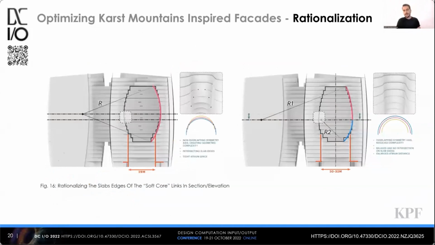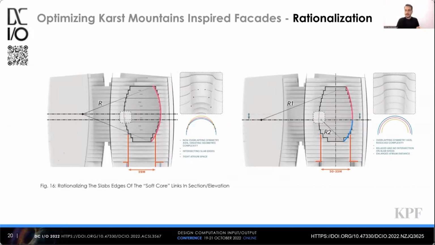Another problem that we realized was that the symmetry axes on section for wall type 1 and 2 were not merging, and it was creating a problem on the slab edges. The slab edges were not relaxed enough, and they were overlapping, which would create a detailing problem. So we had to merge those as well.